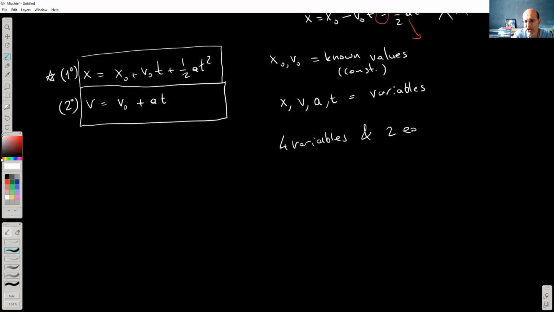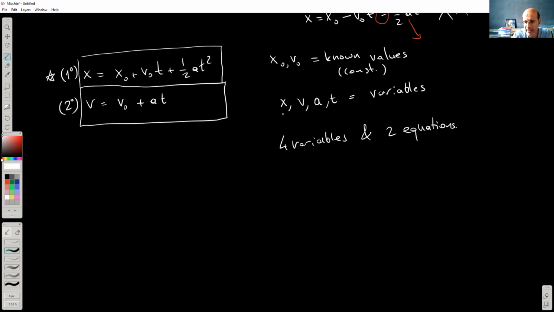So 4 variables and 2 equations, which means when I want to write down a question for one-dimensional kinematics, first of all, I need to give the initial values. These should be given. That's okay.